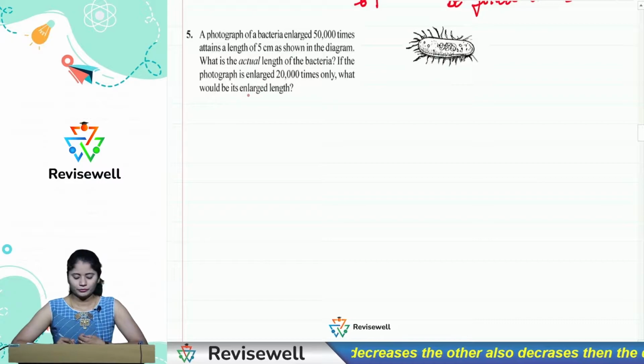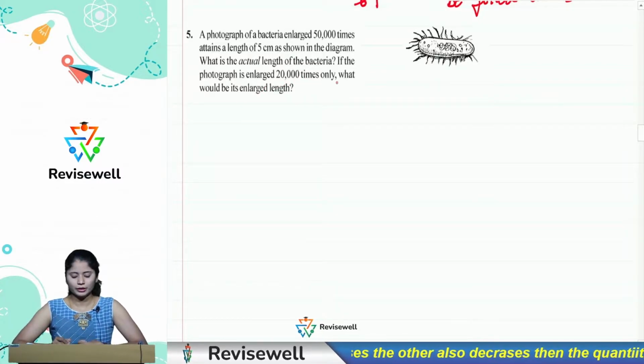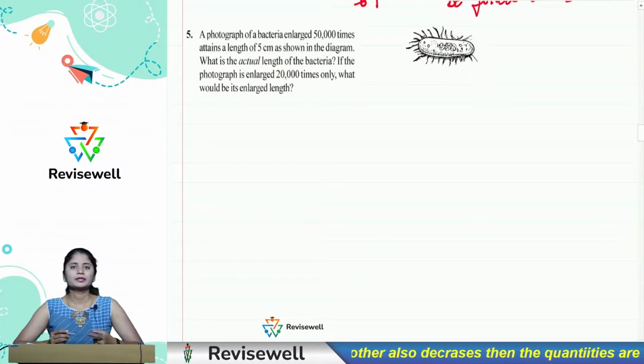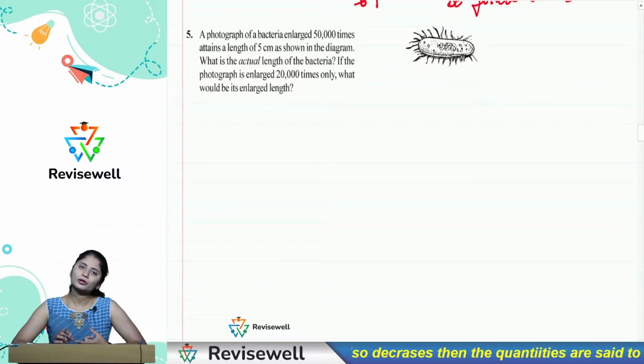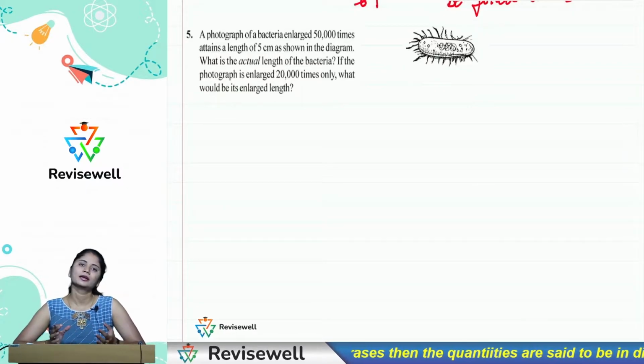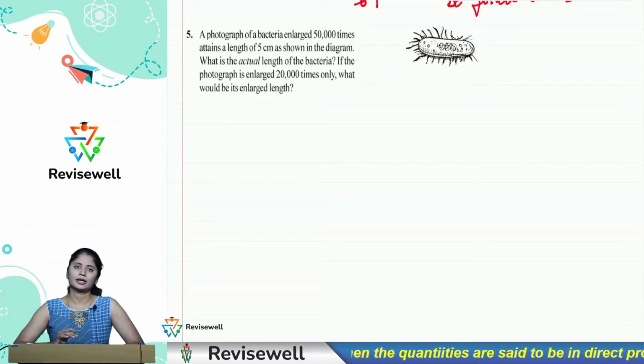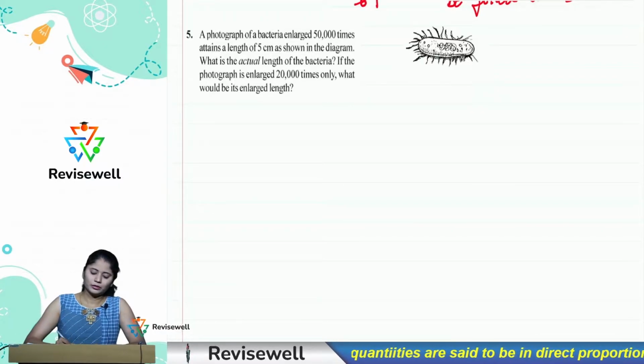If the photograph is enlarged 20,000 times only. That means when you enlarge it 20,000 times, what is the actual size of the bacteria they are asking. So here we are speaking about two things.